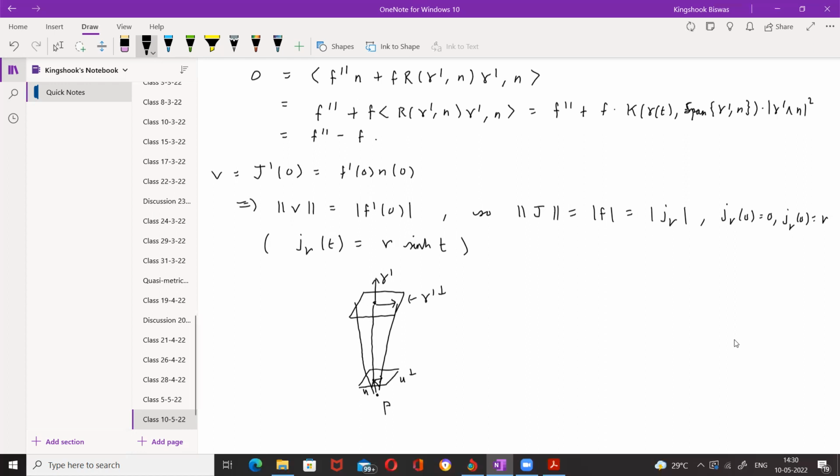Because what is J(t)? It is the derivative with respect to s at s equal to 0 of exp_p of (tU plus tsV).